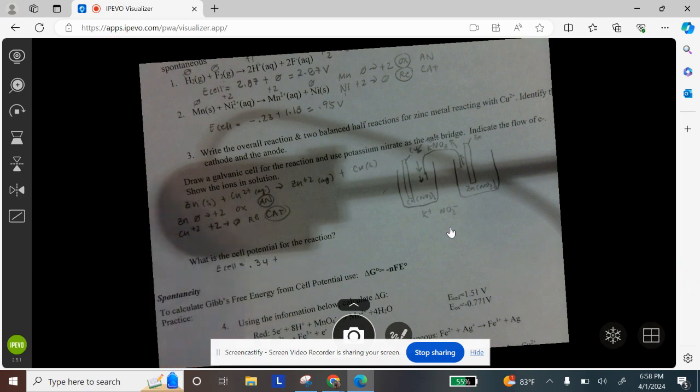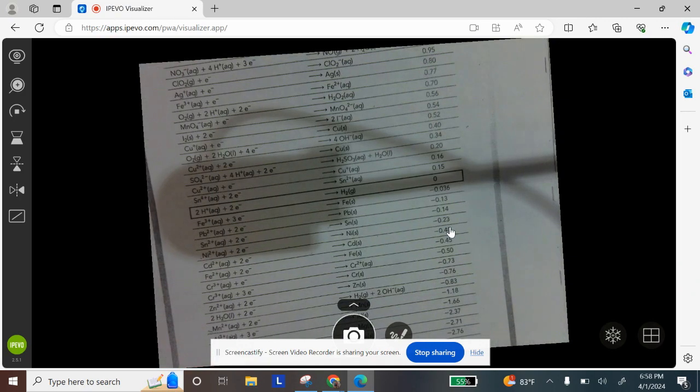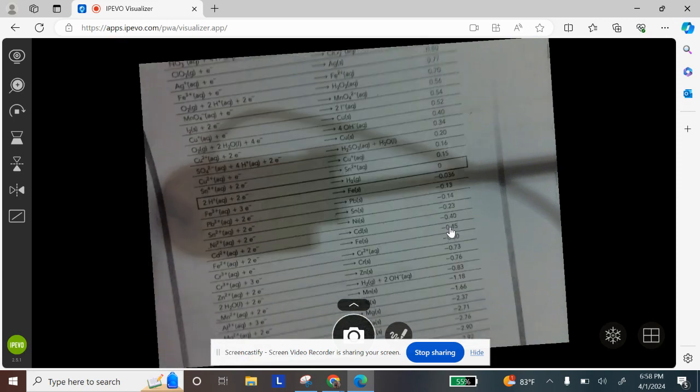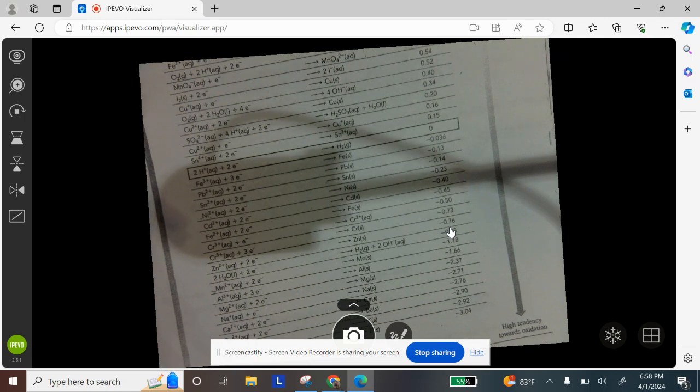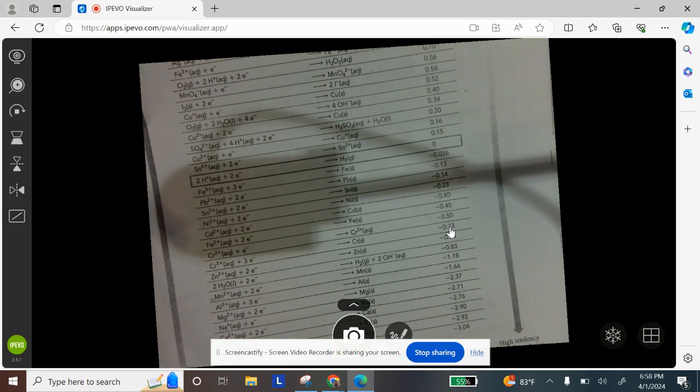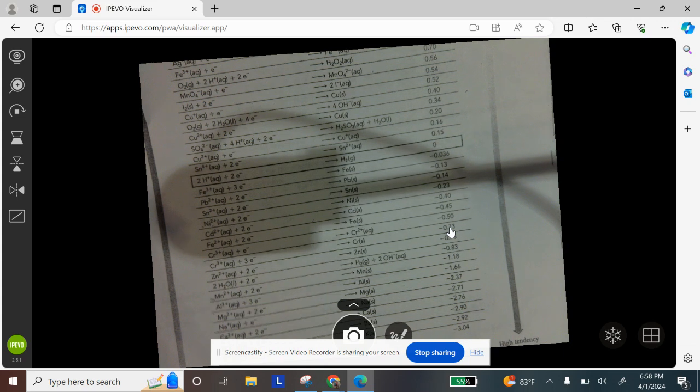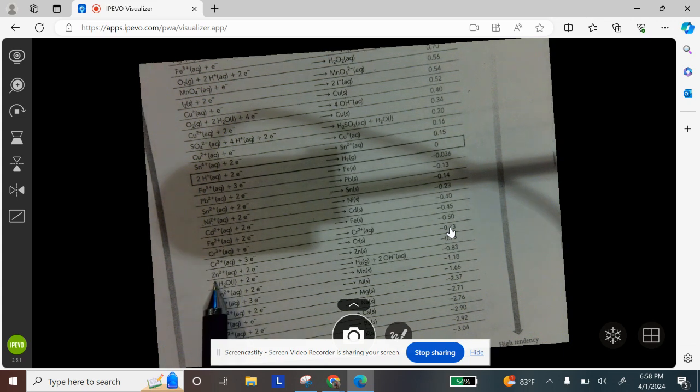Plus, and then we need to look at the zinc, and we're going to have to flip it. I only look at these tables like once a year, so it takes me 5 years to find things on here. Where is the zinc? Oh, here it is, down here. So there's zinc, and zinc is going from +2 to 0, so that's good. That's what we want.